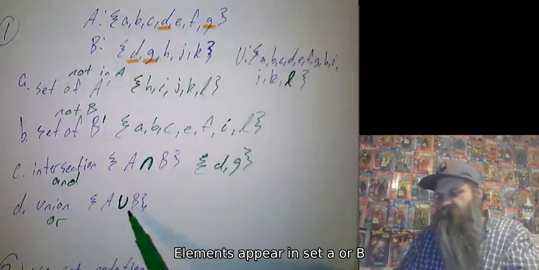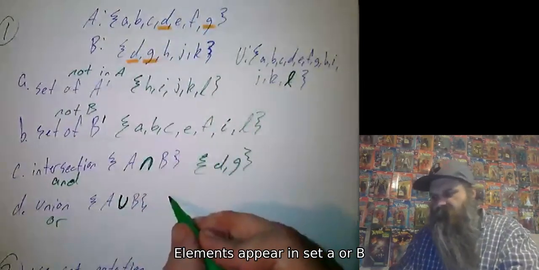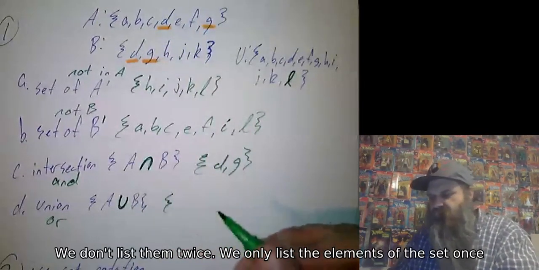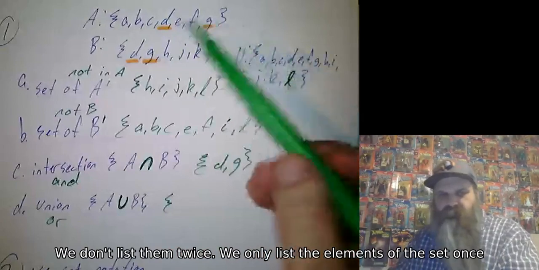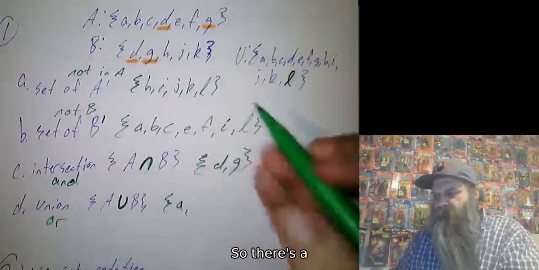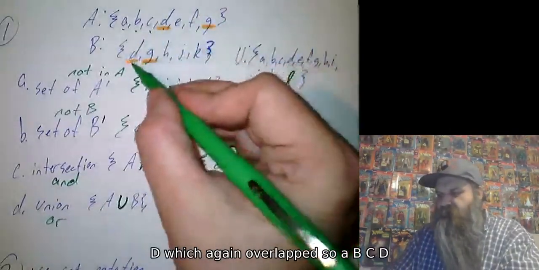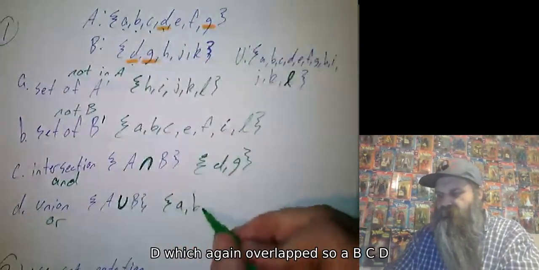So, what elements appear in set A or B? We don't list them twice. We only list the elements of the set once. So there's A, B, C, D, which again overlapped.